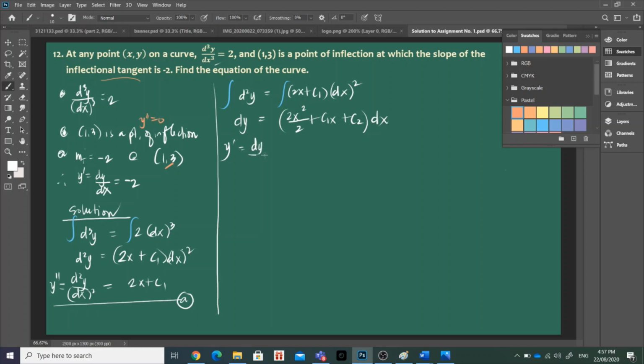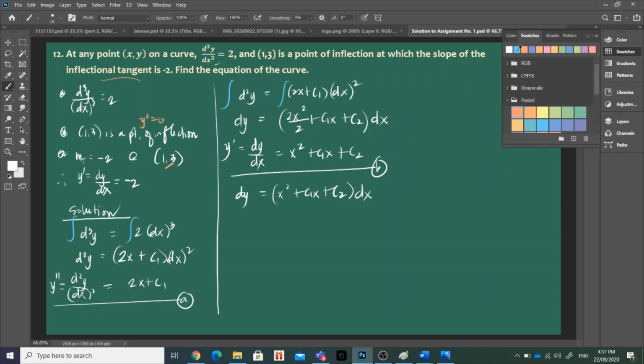dy over dx is equal to x squared plus c sub 1 x plus c sub 2. So this is our equation B. And then, integrate pa natin. Kailangan kasi y as a function of x plus the arbitrary constant ang lumabas. dy is equal to x squared plus c sub 1 x plus c sub 2 dx.